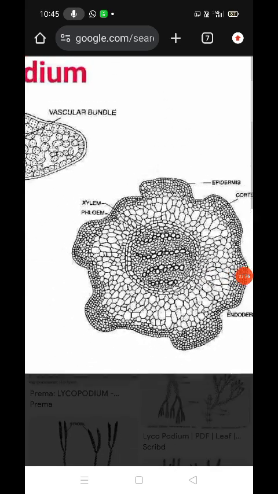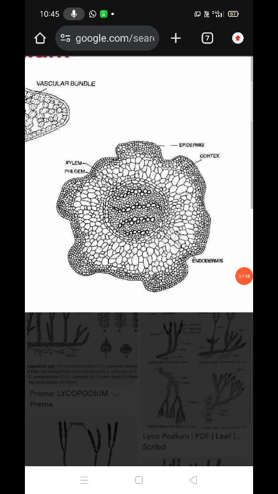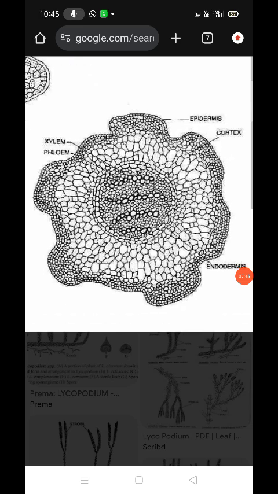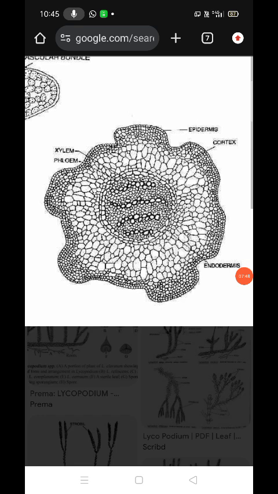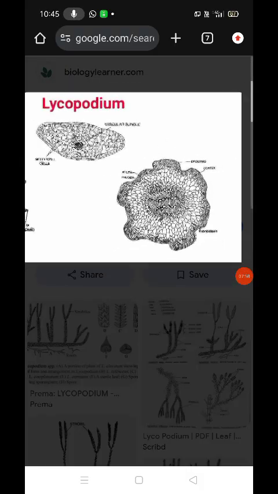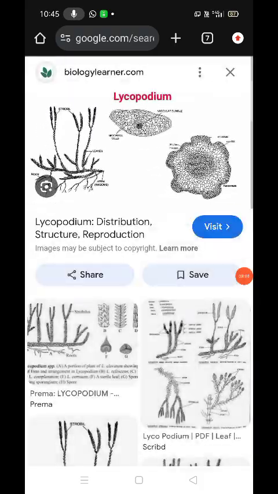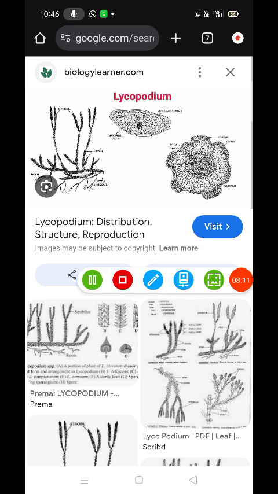So when we talk about Lycopodium, we can say that it mostly resembles vascular or higher plants: it has a vascular bundle, epidermis, and a cortex region in the stem. So this is nothing but Lycopodium. In today's lecture we stop here. In the upcoming lecture we will go into the detailed reproduction in Lycopodium.